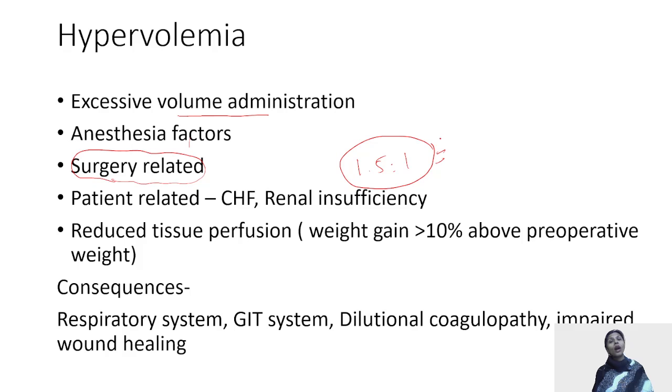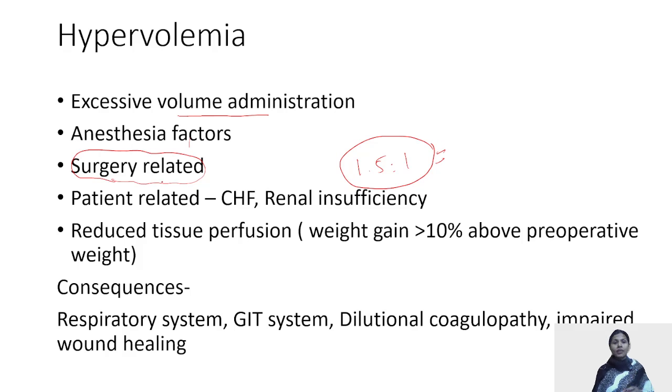Then patients who have certain comorbidities associated with it, like congestive heart failure patients who are already in a state of fluid overload. Renal insufficiency patients also have decreased urine output and excessive fluid in their body. Reduced tissue perfusion.